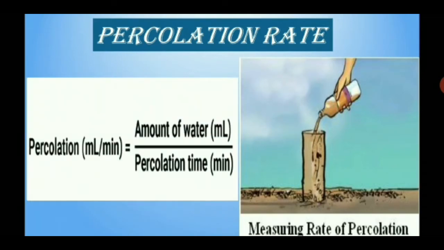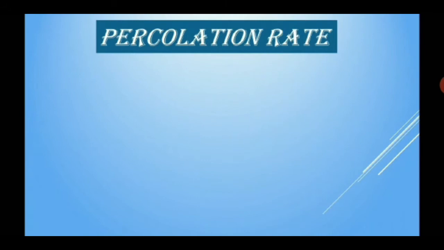Here we are using one formula to calculate percolation rate, that is, percolation rate is equal to amount of water in ml upon percolation time in minute. By this activity we can calculate the percolation rate of any kind of soil.